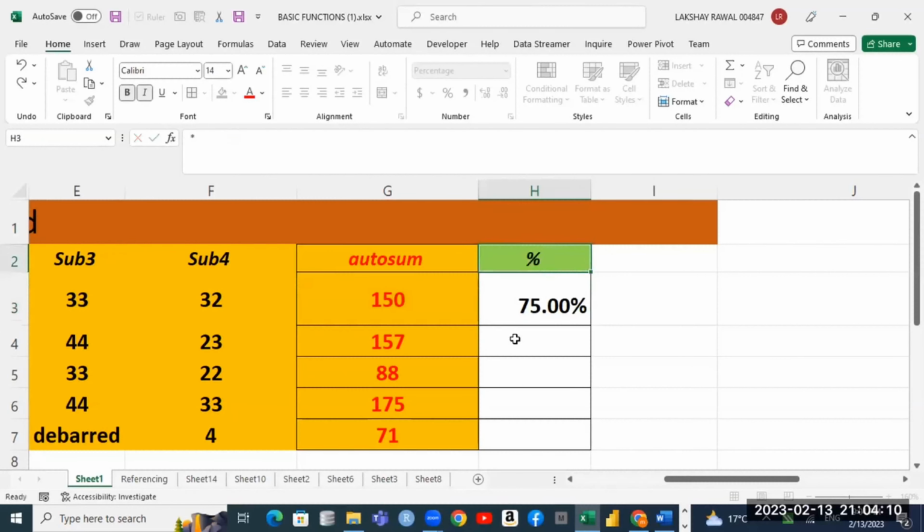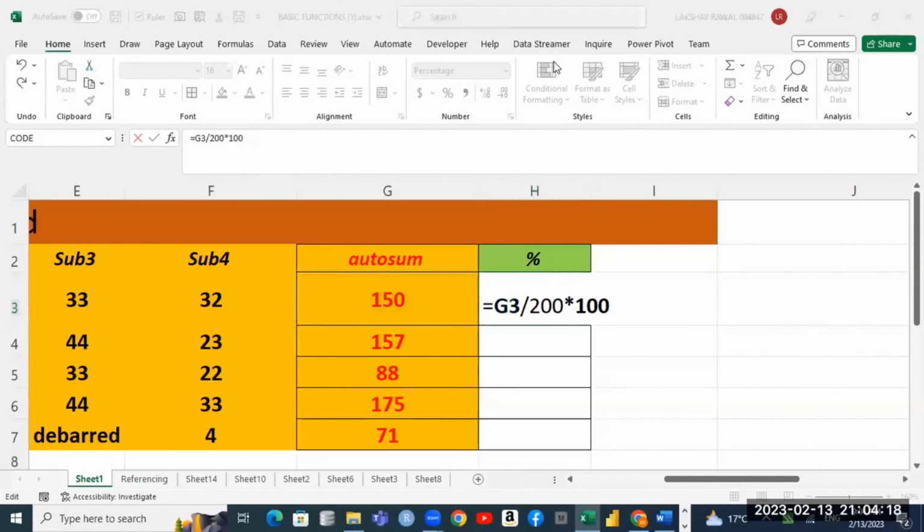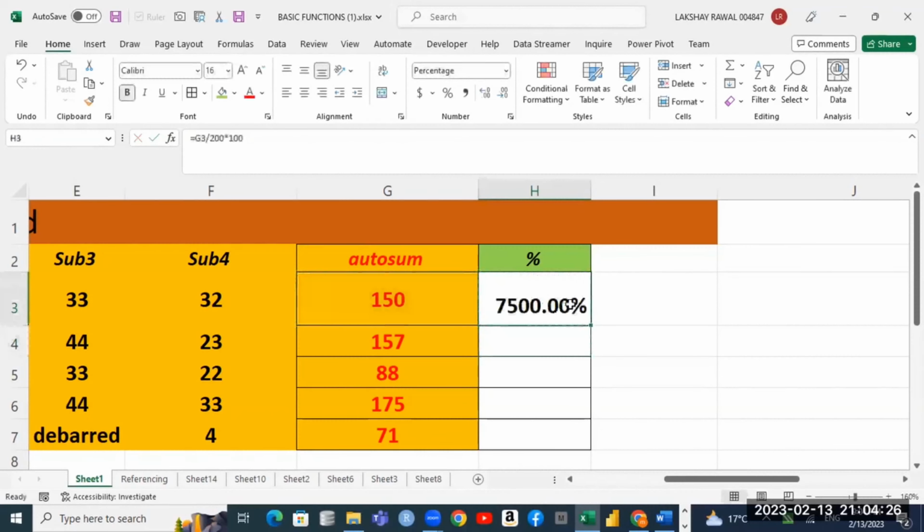Then into 100. Look at here. Now there is a problem in this. What is the problem? If I do into 100, I might get this result.